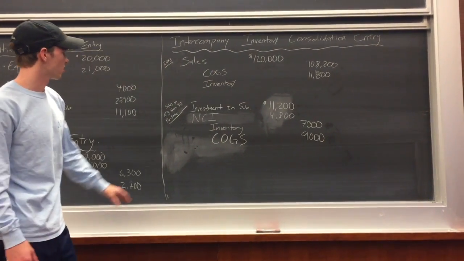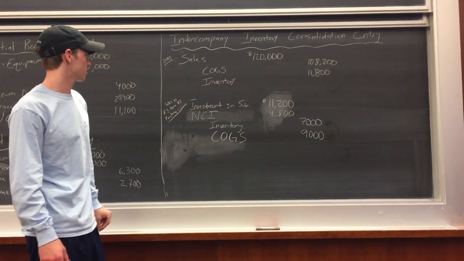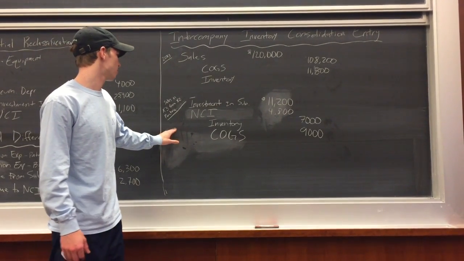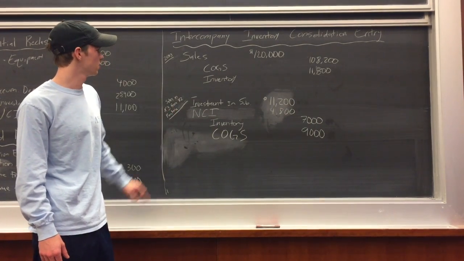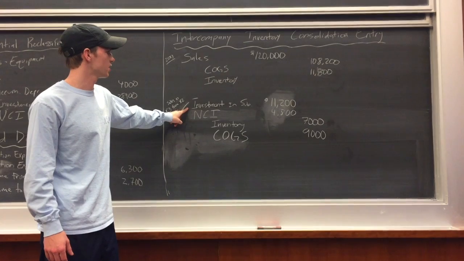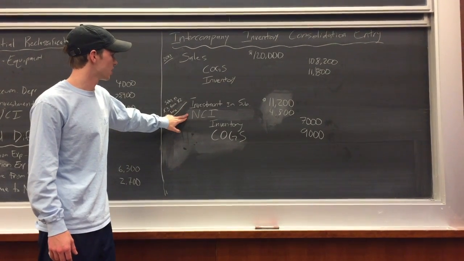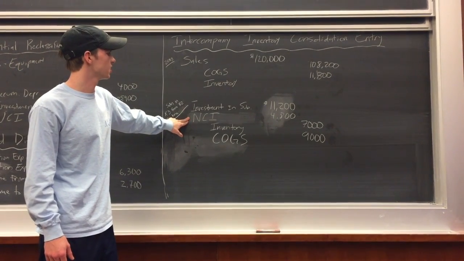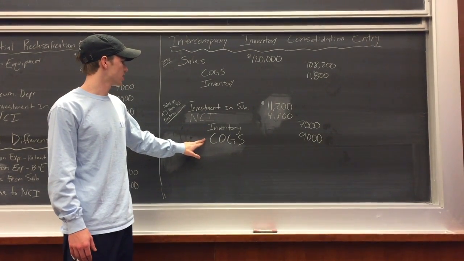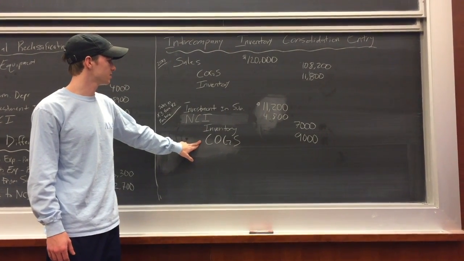So then for our last entry, for the sales of stuff bought in 2002, we debited investment in subsidiary for 11,200, debited non-controlling interest for 4,800, credited inventory for 7,000, and credited cost of goods sold for 9,000.